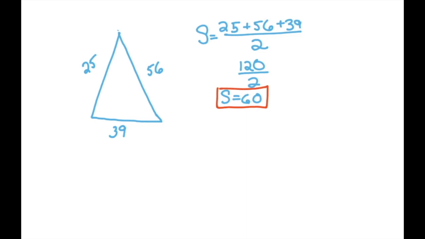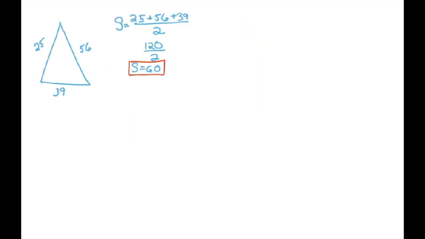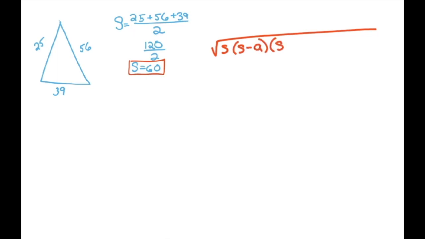part of Heron's formula. Now, in order to find that area for step 2, I have to take the square root of the following. The semi-perimeter, multiply it by the semi-perimeter minus A times the semi-perimeter minus B times the semi-perimeter minus C. And you could think of those variables as just the side lengths right here for now.